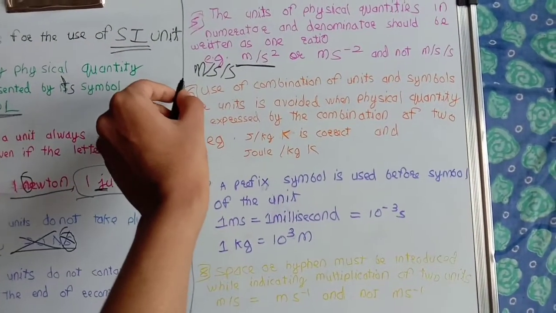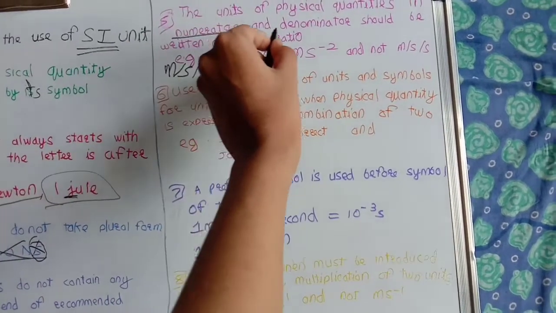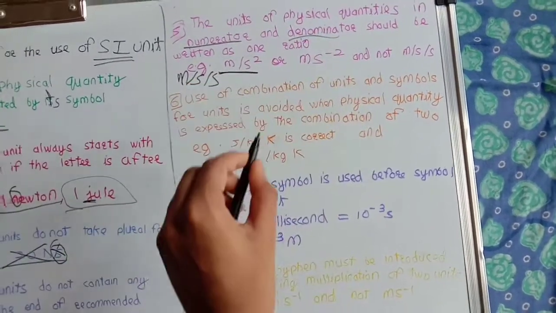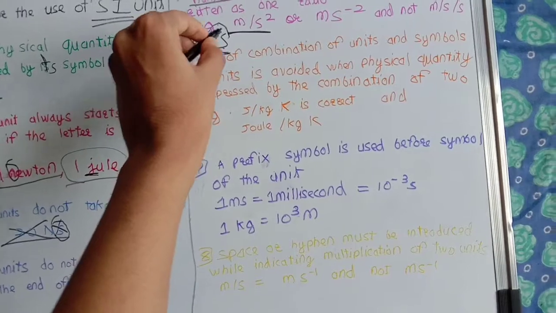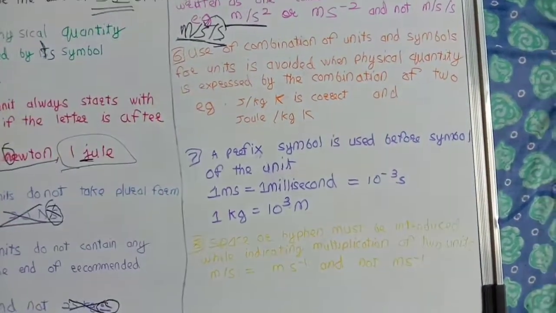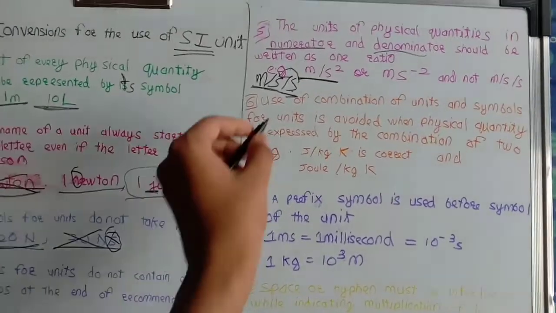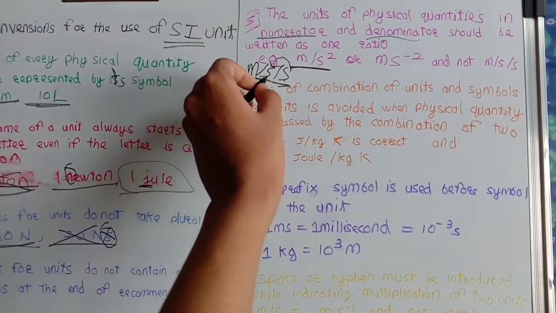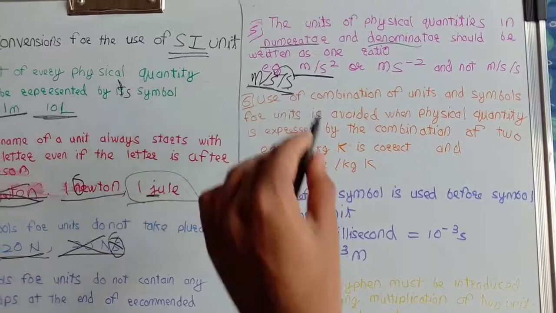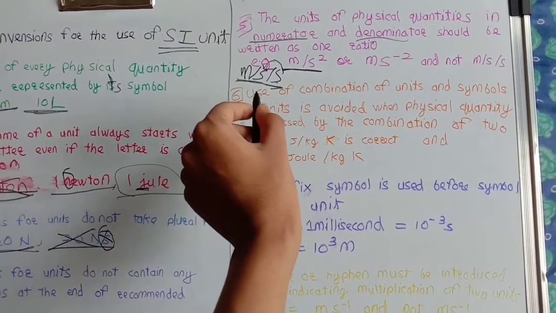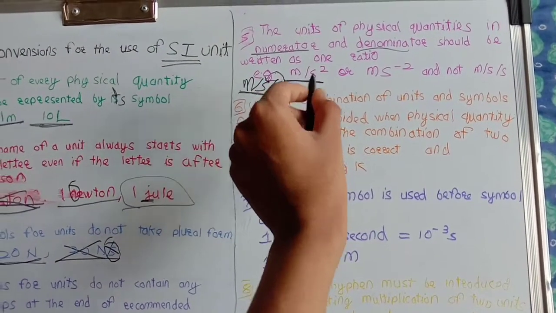So the numerator and the denominator should be in one. Take s upside and then we will get meter per second square. If we write meter per second, then it will be wrong, so we have to write meter per second square.